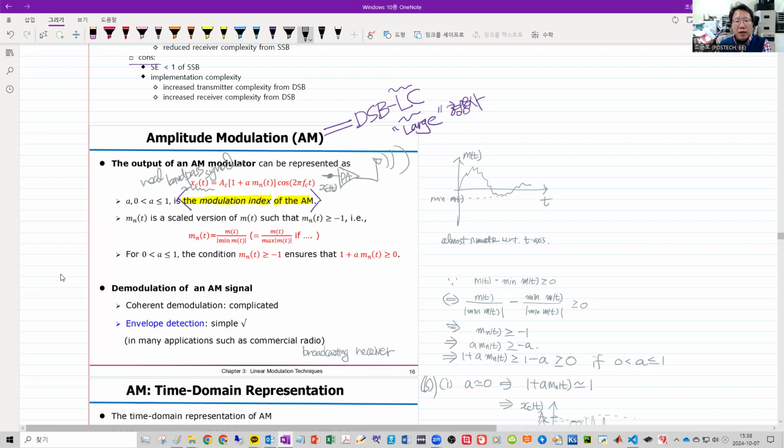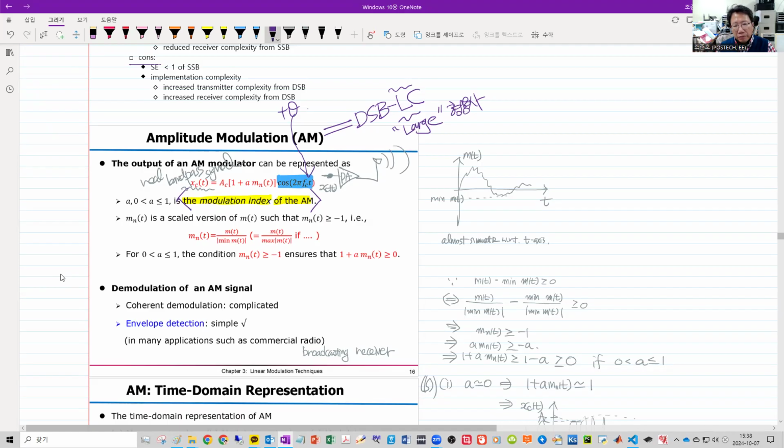Got it? And as usual, as in DSB-SC, we have a carrier. Of course, this carrier may have some constant phase, but for simplicity, this phase is ignored, okay? Precisely speaking, there should be a phase theta, unknown, non-random.